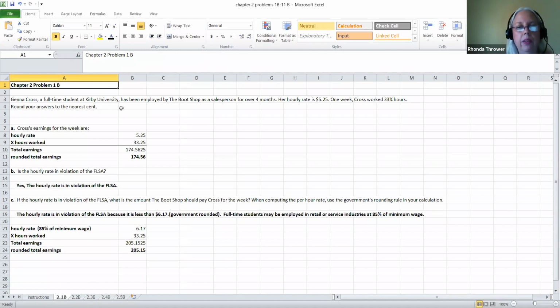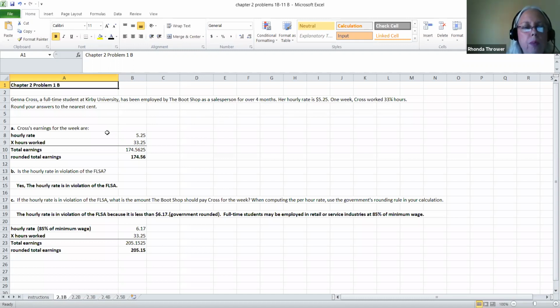They can pay her less. She has been employed by the boot shop as a salesperson for over 4 months. Her hourly rate is $5.25. And 1 week she worked 33 and a fourth hours. And they want you to round to the nearest cent.